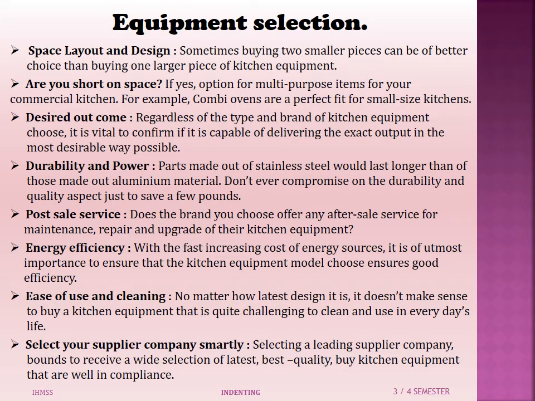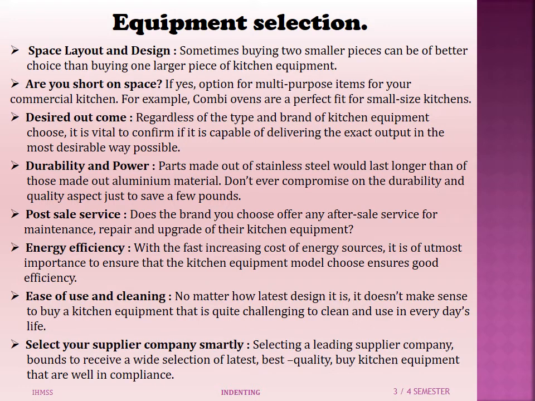Next is energy efficiency. Number six, with the fast increasing cost of energy sources, it is of utmost importance to ensure that the kitchen equipment model you choose ensures good efficiency. Number seven, ease of use and cleaning.